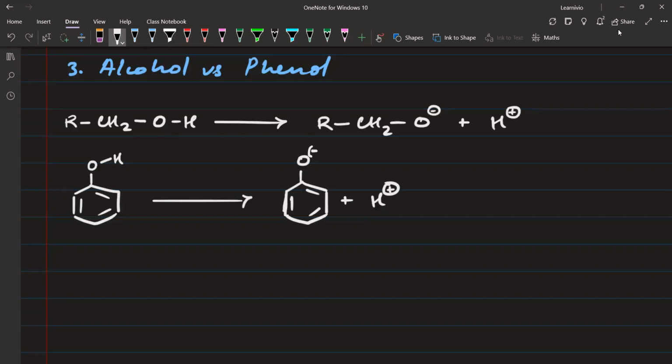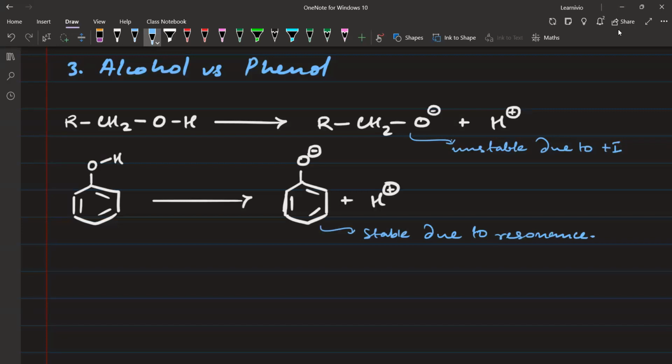The negative charge is not at one position, it is delocalizing. So we can say two things: first, the alkoxide is unstable due to plus I, and phenol is stable due to resonance.